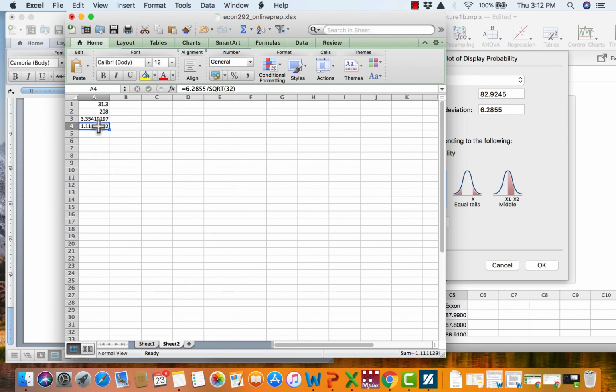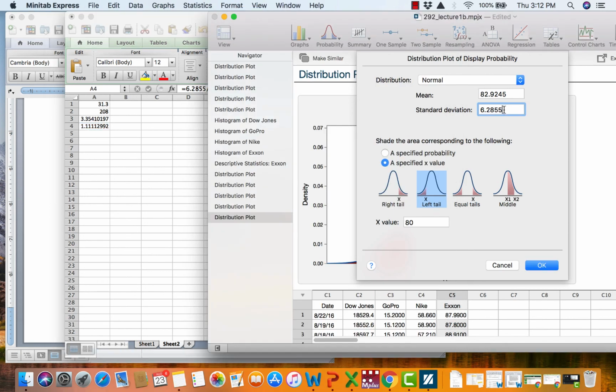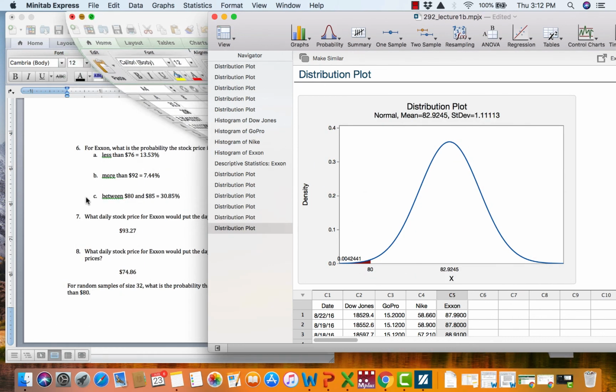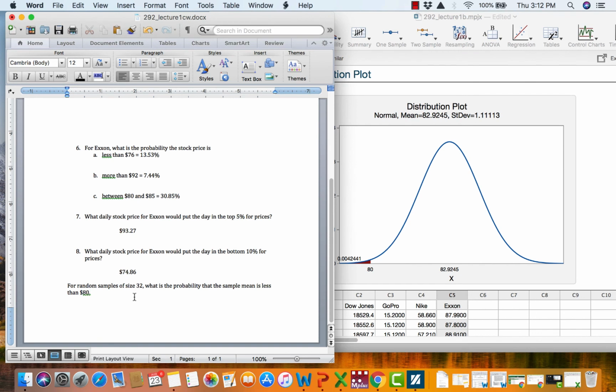And we copy this rather large number over and say okay. And what we get here is a very small probability of 0.424%.